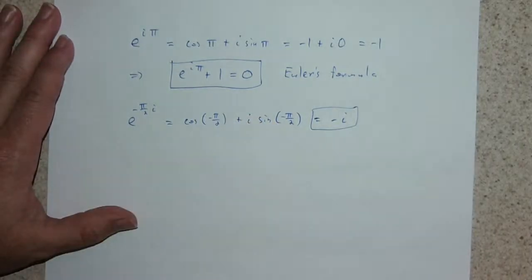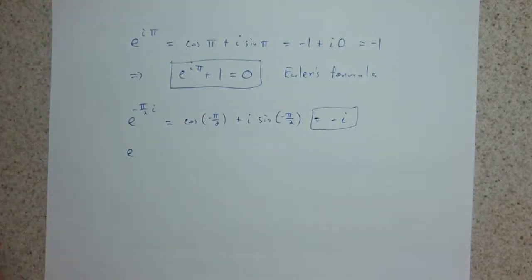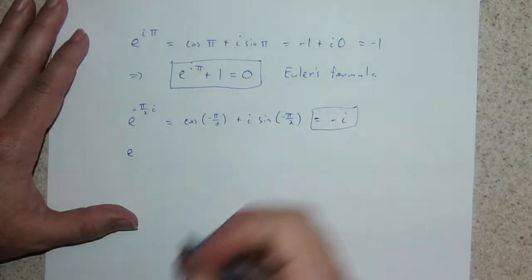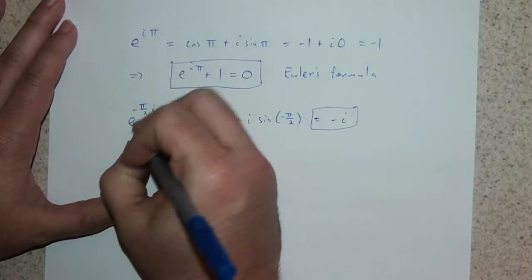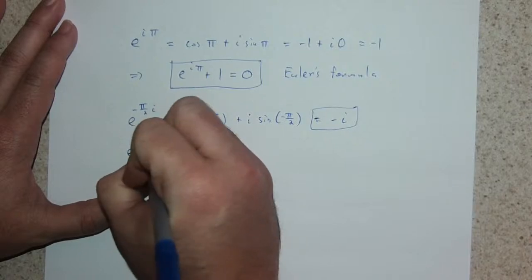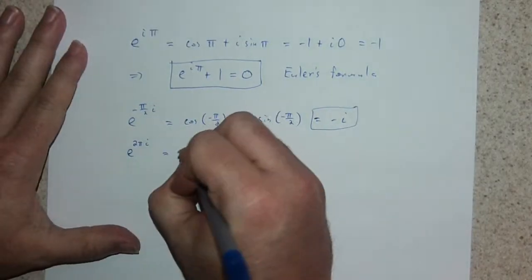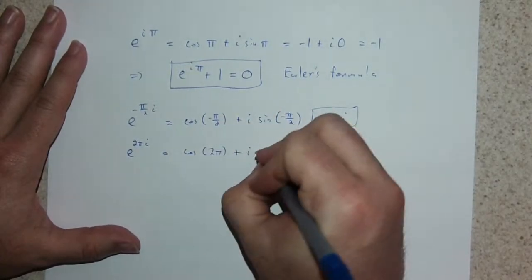Okay, and of course one more that you could write up or notice. What about e to the 2 pi i? So this is cosine 2 pi plus i sine of 2 pi.